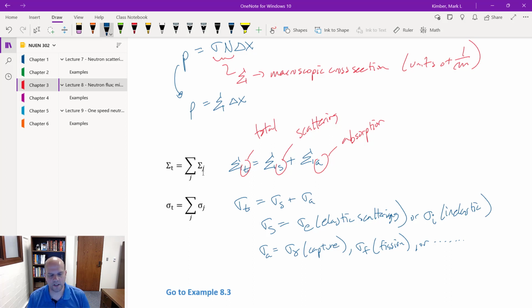But the take-home message here is that you would find your total cross-section, either in a microscopic or a macroscopic sense, as just the sum of all the individual components. So if you're asked, of all the interactions that take place, what percentage would I expect to be fission?